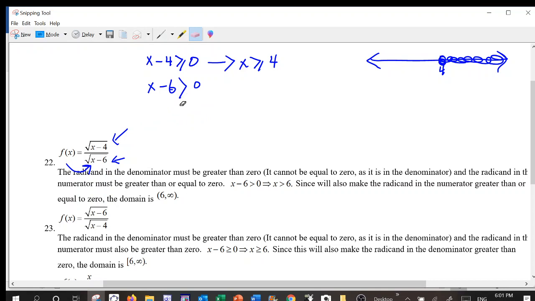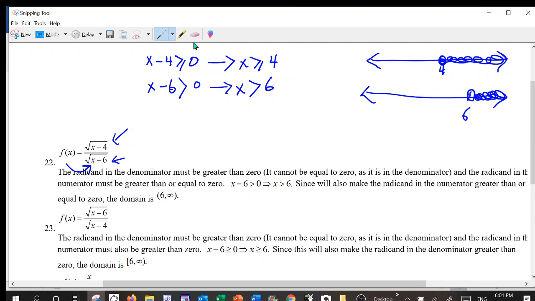Got rid of the equal sign. So from here, this is x greater than 6. That means if x is not 6, but is everything after 6, that's good for the denominator and for the radical in the denominator.